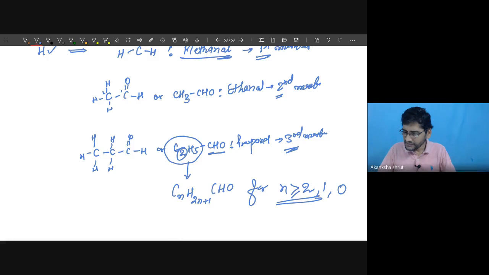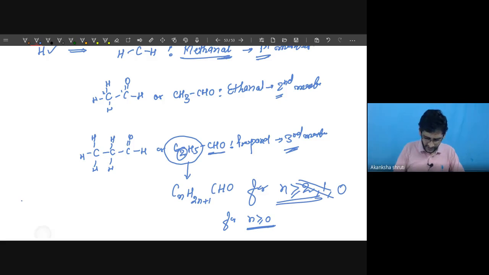So it can be equal to 0 also. So n greater than or equal to 0, that also we have to understand for writing the homologous series. For n equals 0, it gives the first member. For n equals 1, second member. For n equals 2, third member.